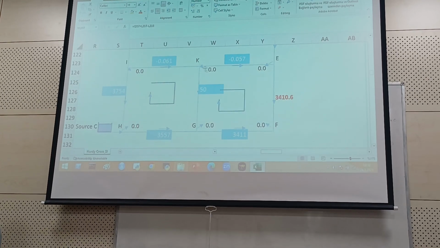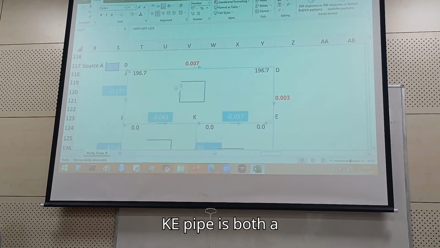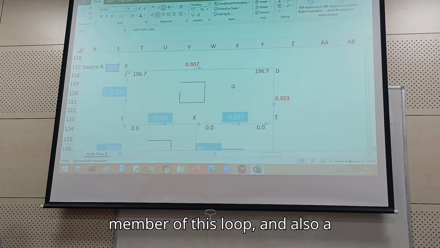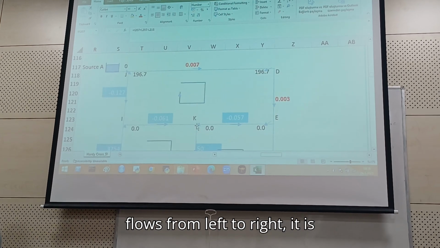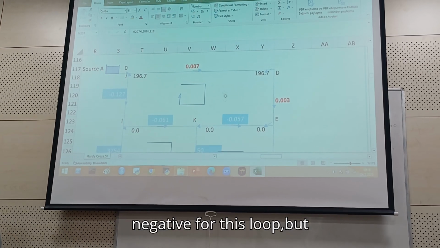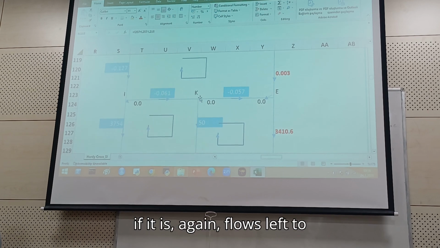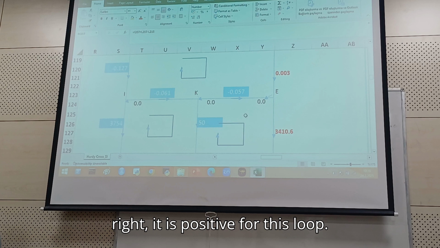Look, that pipe is both a member of this loop and also the member of this loop, right? So if it flows from left to right, it is negative for this loop, but if it again flows left to right, it is positive for this loop.